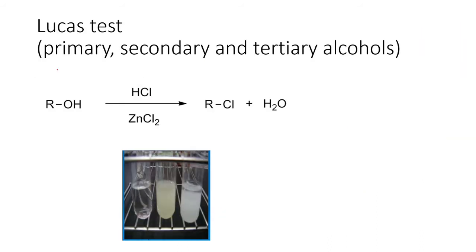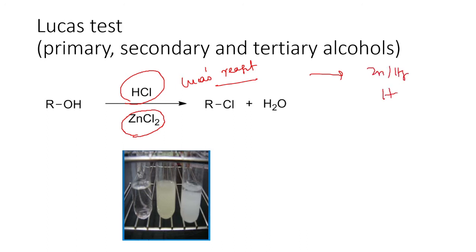Next question, this is an important one actually: the Lucas test. The Lucas test is done in an environment containing ZnCl2 and HCl, which is also called Lucas reagent. Sometimes students write that it takes place in zinc amalgam HCl medium, which is wrong.